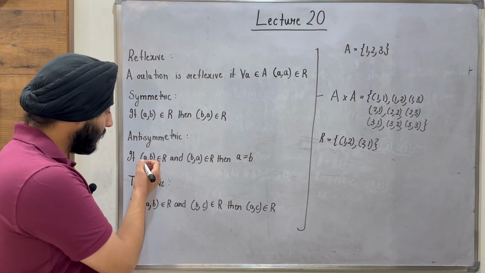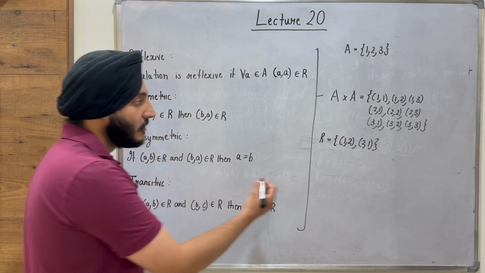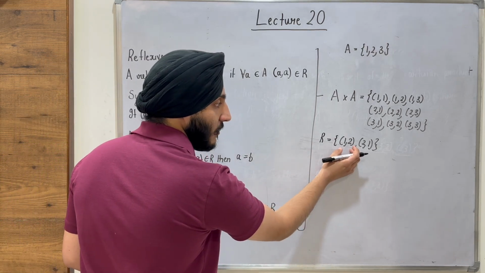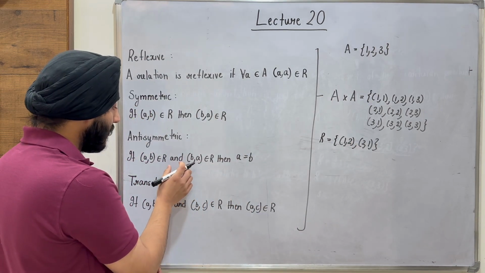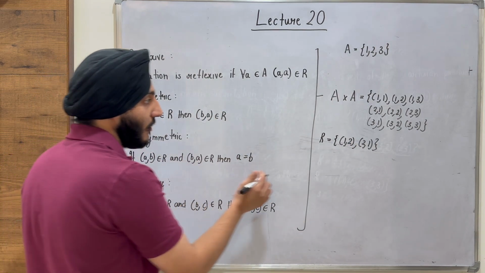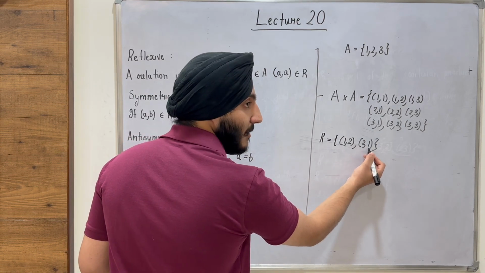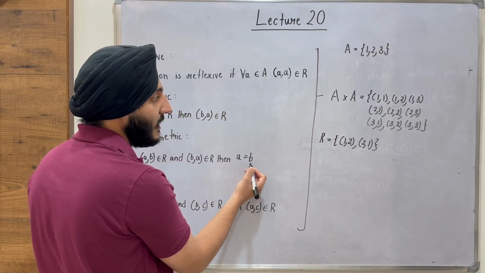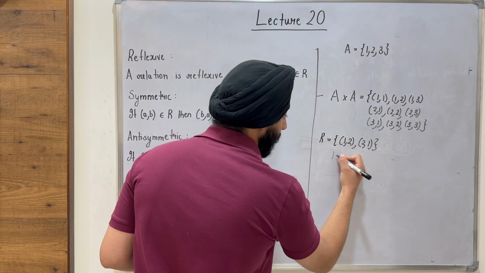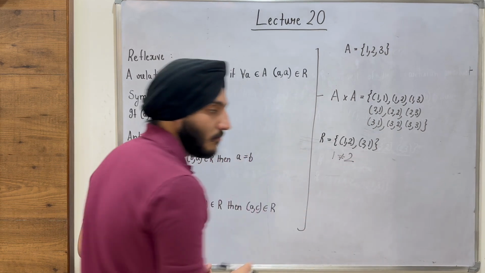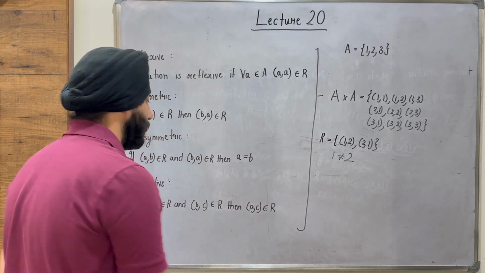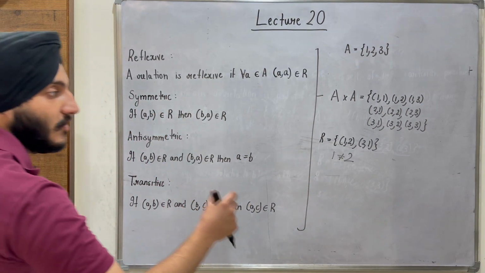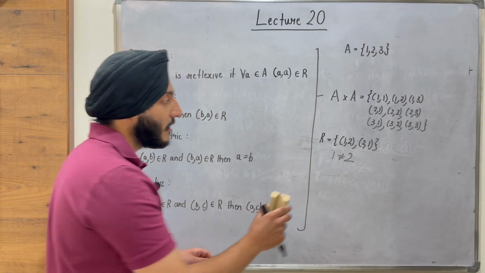We are saying if (a, b) is an element of R, let's take a look at this first tuple: (1, 2) is an element of R, and the condition is, and (b, a) is an element of R, then a should be equal to b. But if you look at it, 1 is not equal to 2. Hence, this is not going to be an antisymmetric relation, but it is going to be a symmetric relation in this case. Let's take a look at another example.